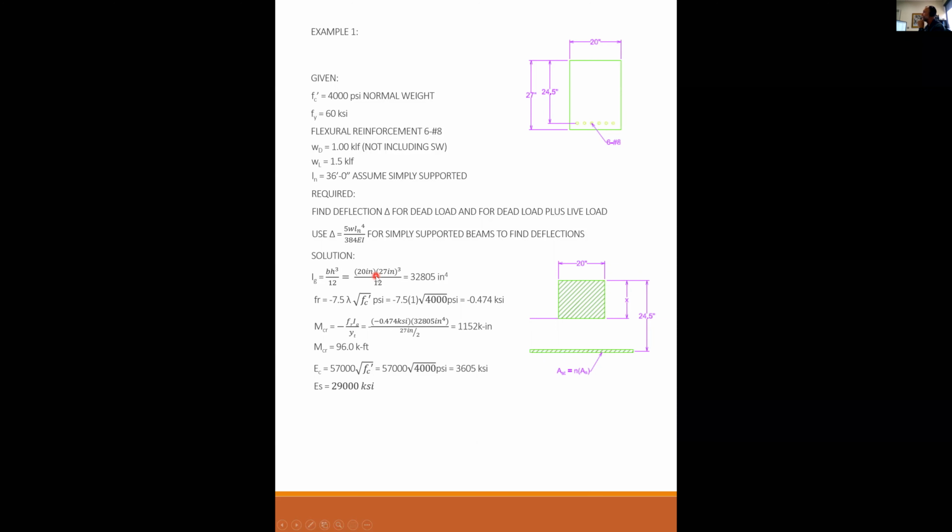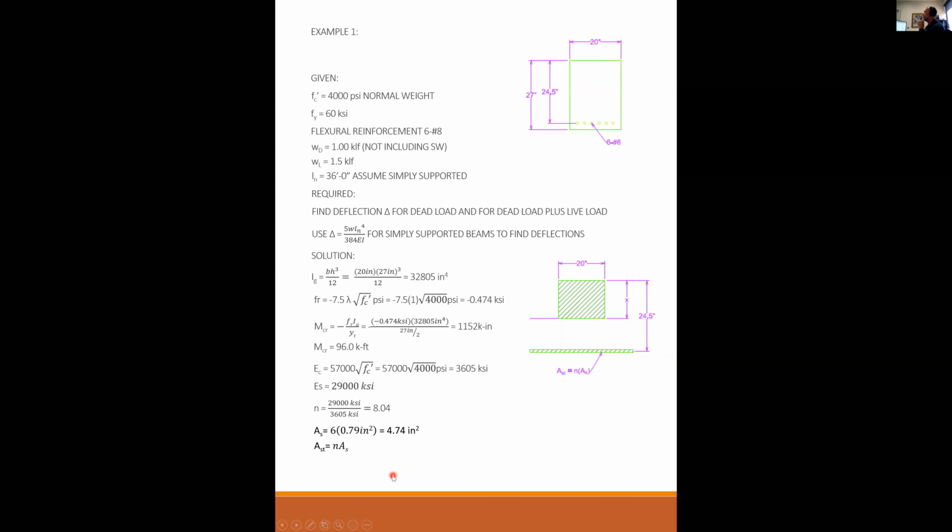We have the gross moment of inertia, we need the cracked moment of inertia. Remember when we did this and we summed the first moments about the center of gravity? First, we had to find the modular ratio, which is modulus of steel over modulus of concrete, is 8.04. The area of steel, the problem specifies 6 number 8, so 6 times 0.79 is 4.74 inches squared.